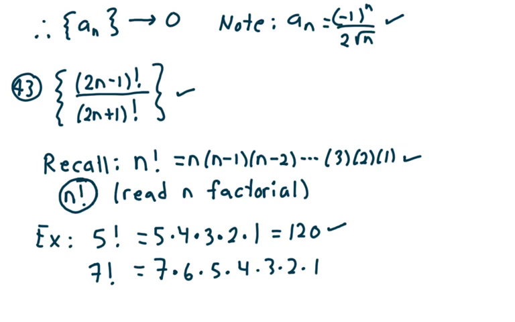All right? 7 factorial is equal to 7 times 6 times 5 times 4 times 3 times 2 times 1. And in case people are interested, this is equal to 5,040. All right, now to the problem.